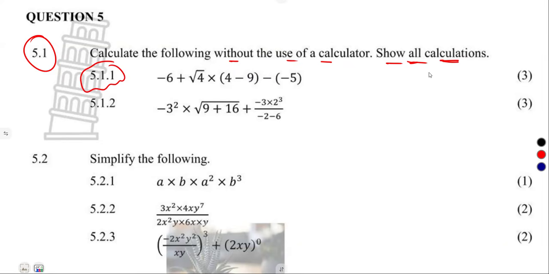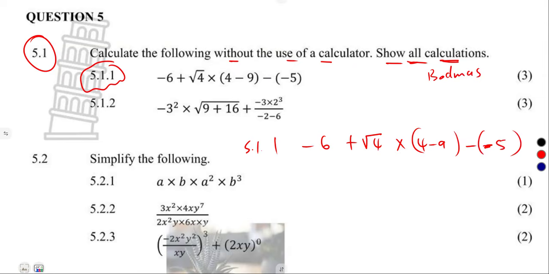So what can we do? We have to also consider our BODMAS as well. All right, so what we can simply do here is -6 plus the square root of 4 times 4 minus 9 minus 5. So we can consider the brackets as we are considering the BODMAS brackets. There is a bracket here. There is also a bracket here. So you have to consider being multiplied by what is outside.